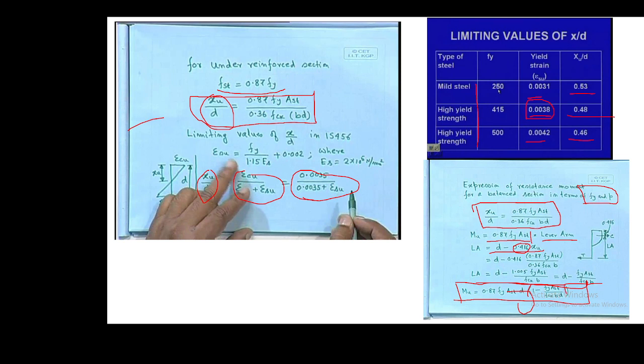So this is the equation to calculate the moment of resistance. And as we said, the moment of resistance should always be greater than the bending moment coming onto any section.